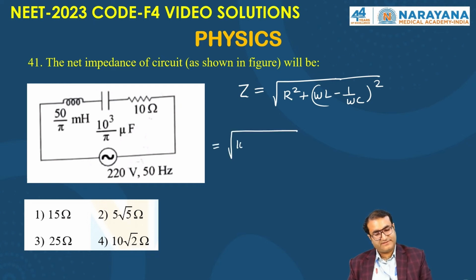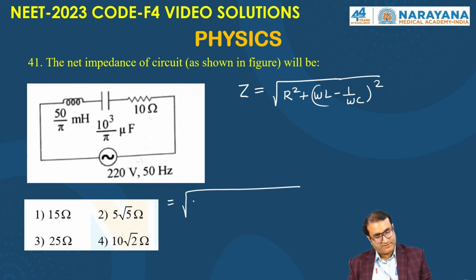Under root of 10 square, omega is 2 pi f. So plus 2 pi, f is 50, and L is 50 by pi. Just wait, I don't have space here. I'll write it here.